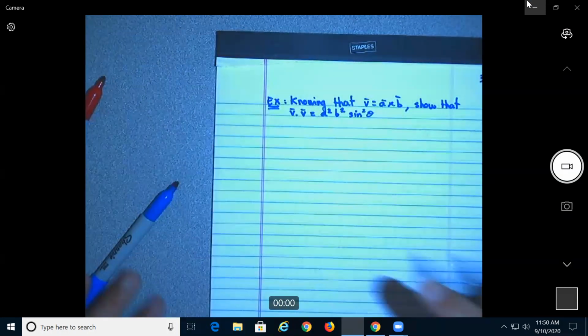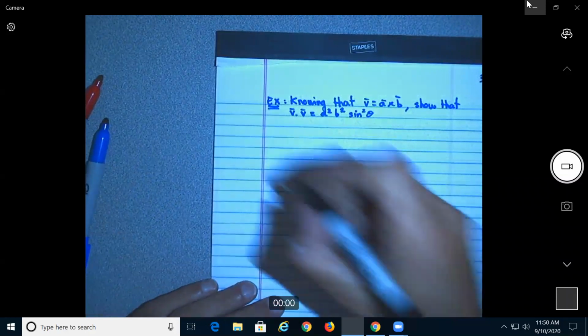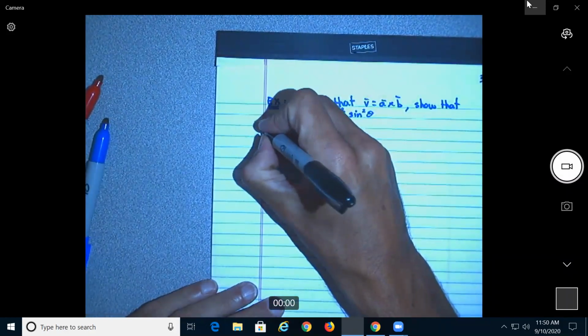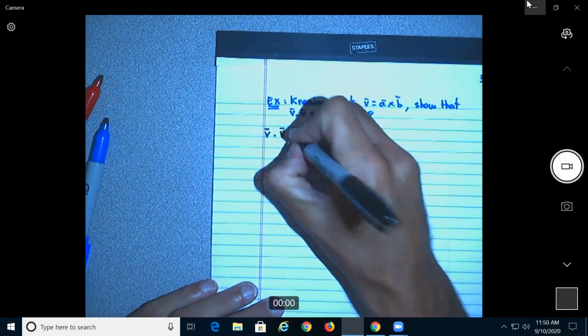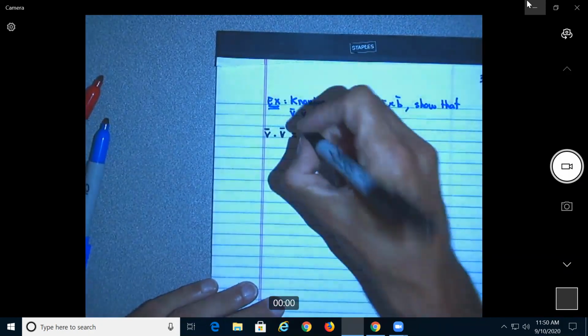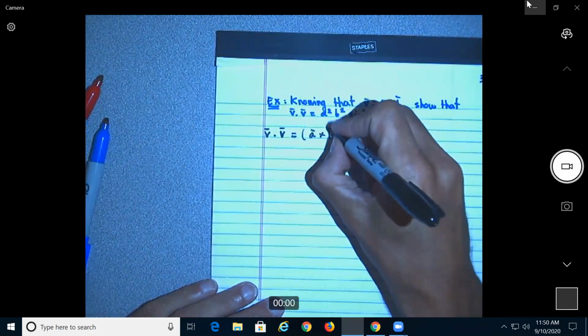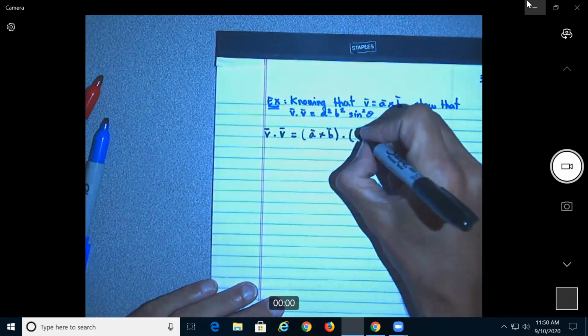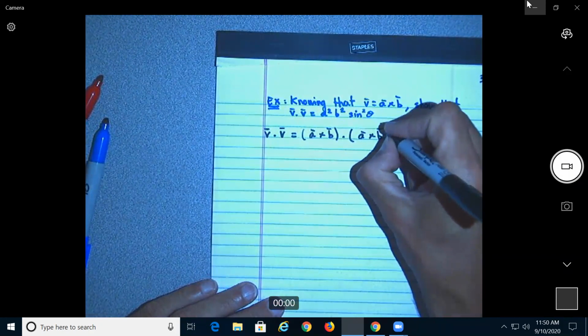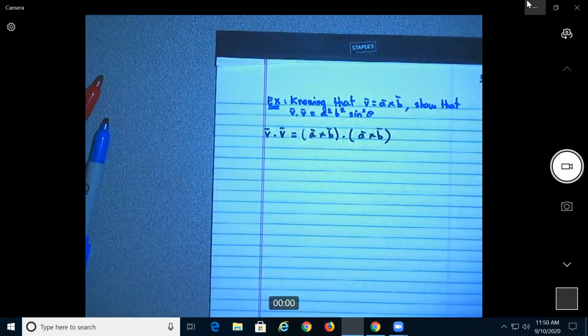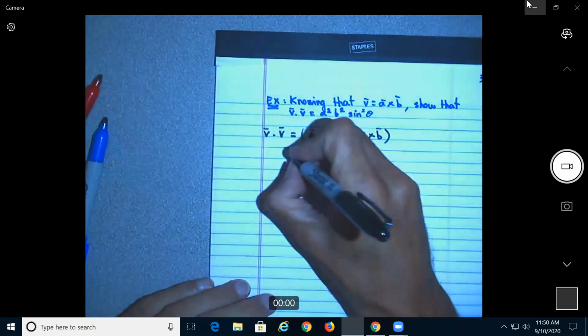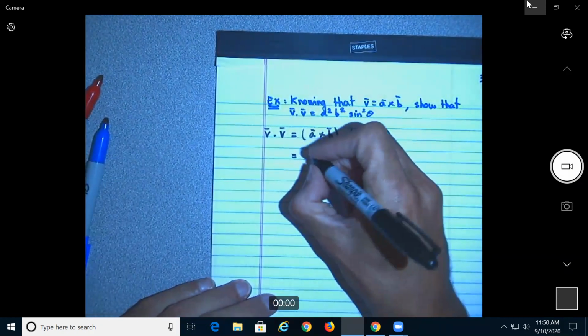Okay, so all right, we start from here, V dot V. We know that this one is the same as doing A cross B dot A cross B. If we do it in index notation, this will give us what?